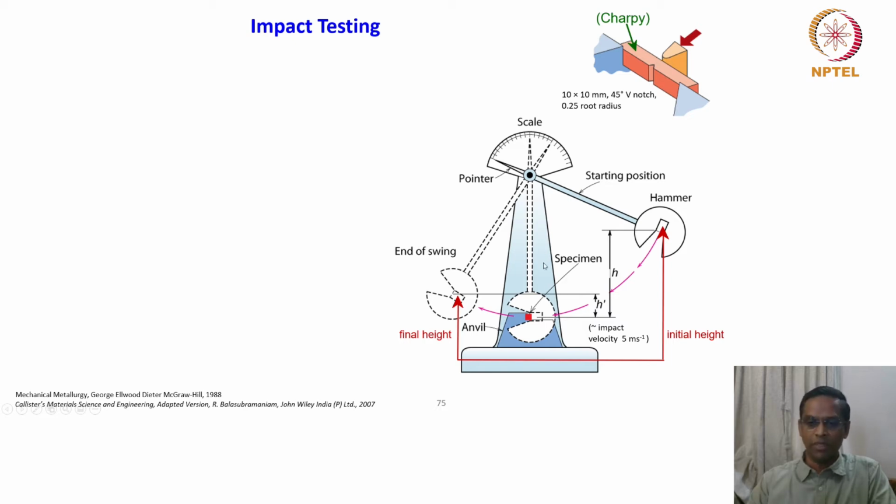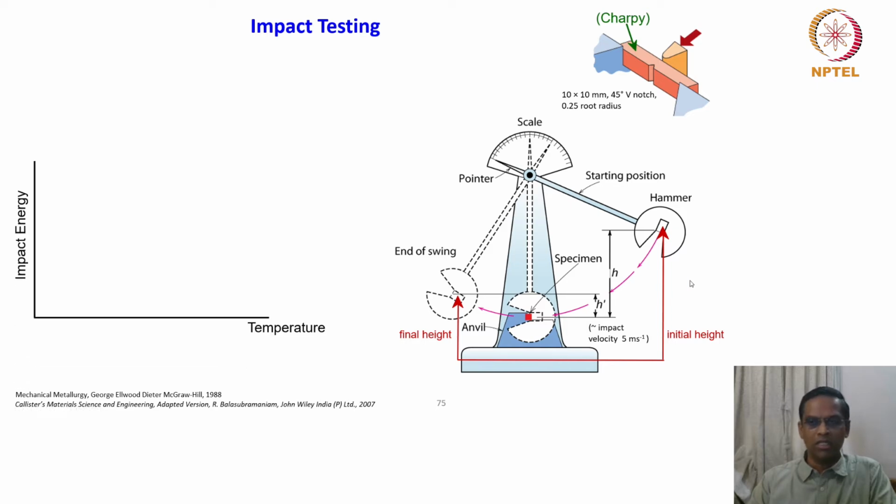So this sample is kept in this anvil, and then the hammer is going to bang this sample with an impact velocity of approximately 5 meters per second. And then you can always calculate the initial height and final height and so on to arrive at these numbers.